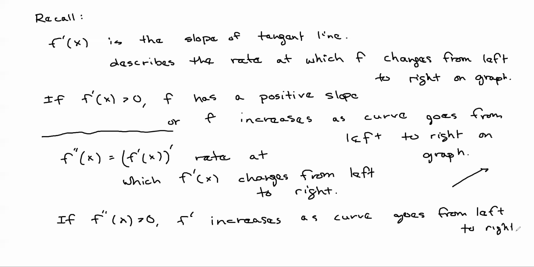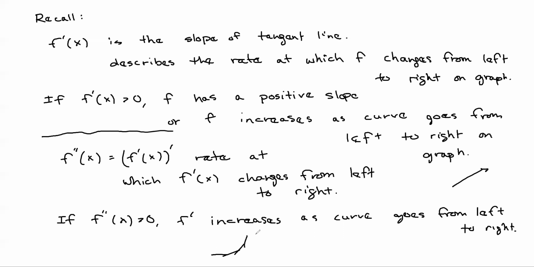And what is f prime? Well, f prime is the slope of the tangent line. So if the second derivative is positive, it tells us that the slopes are increasing. If you were to draw that, you would draw a flat slope and then a steeper slope and then a steeper slope and then a steeper slope.